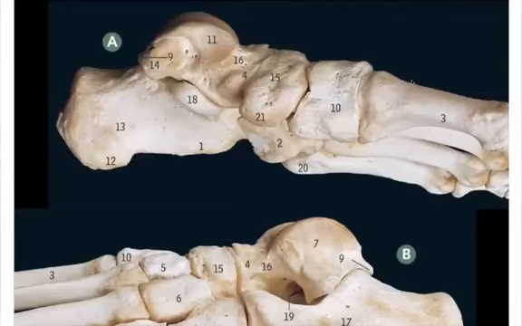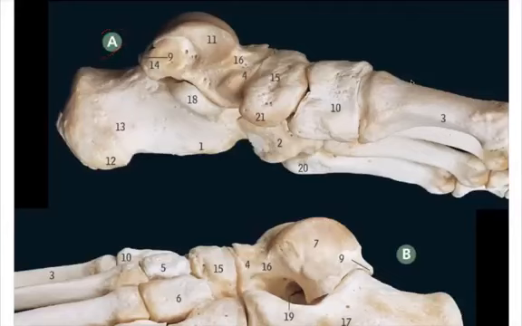Number 11 is the talus. Next one is number 15. This one is the navicular. Number 10, here, this is the medial cuneiform. So in the picture A, what you are seeing is the bones of the foot from the medial aspect.